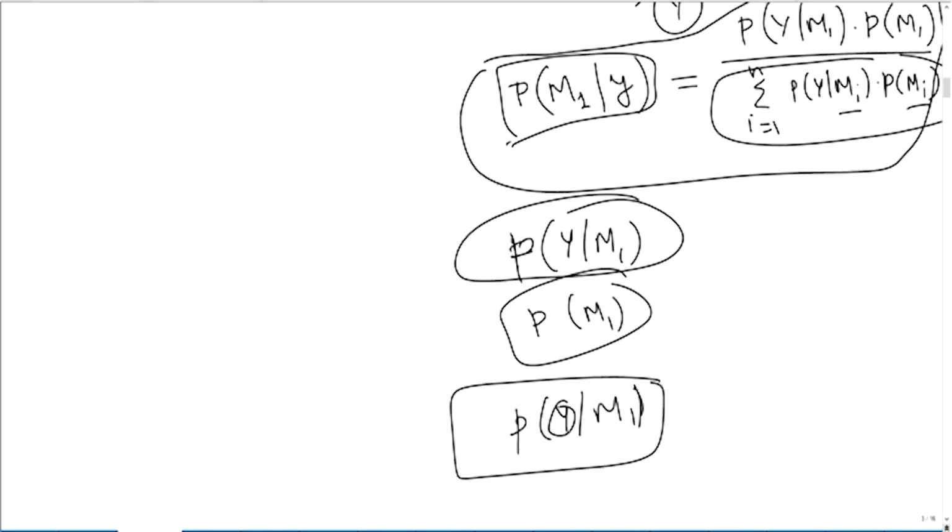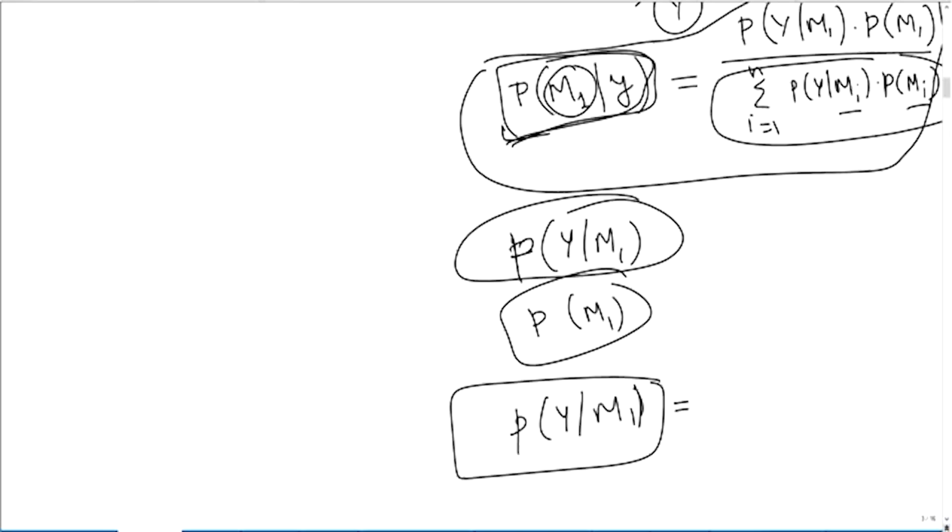Okay. In this case, given data y, you can select either model M1, M2, M3, there is a huge range of models you can select, then how likely it is that you will select model M1. So, these are different probabilities. So, what is probability of y given M1?